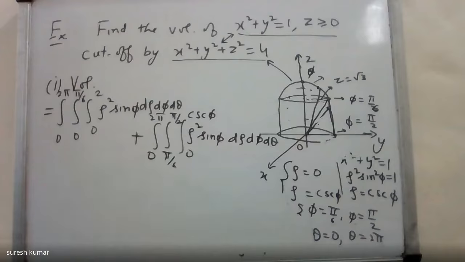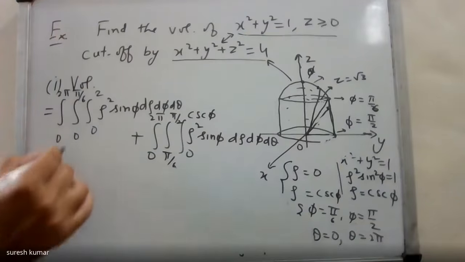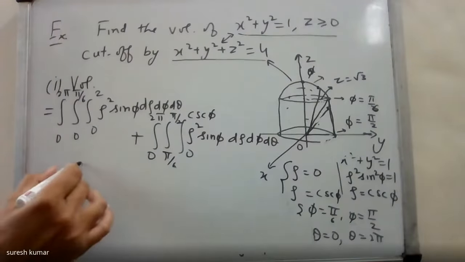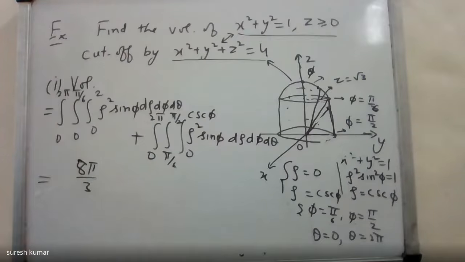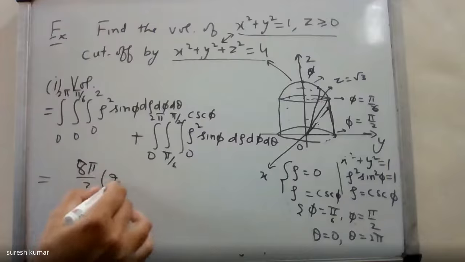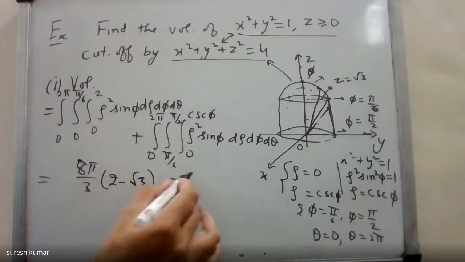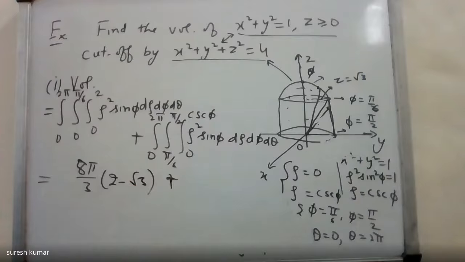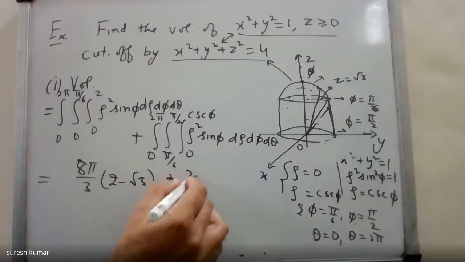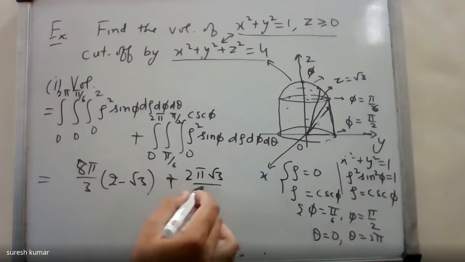I'm writing the answers for you. Verify. For the first integral you should get 8 pi over 3 into 2 minus root 3. For the second triple integral you should get 2 pi root 3 over 3.